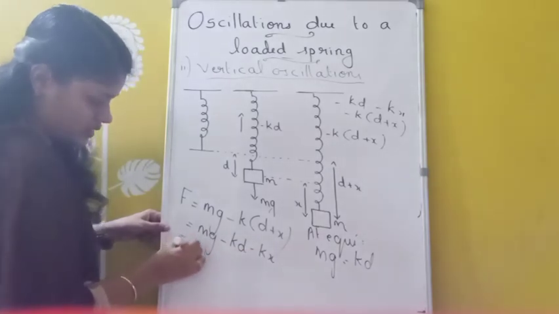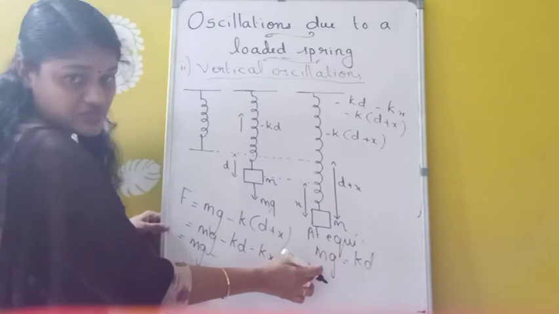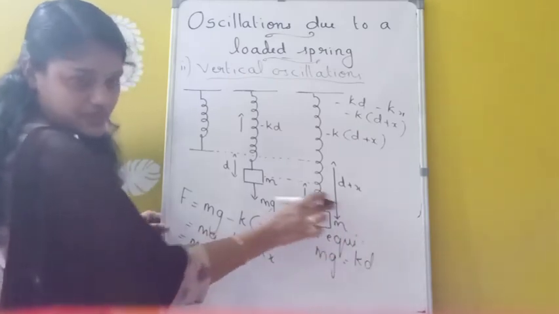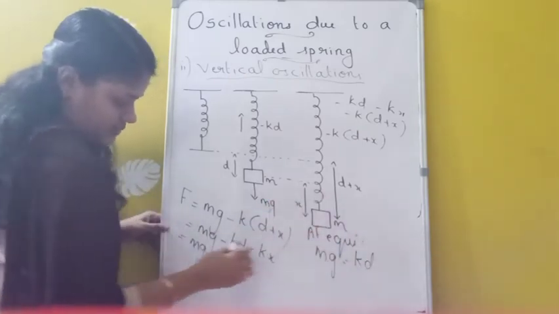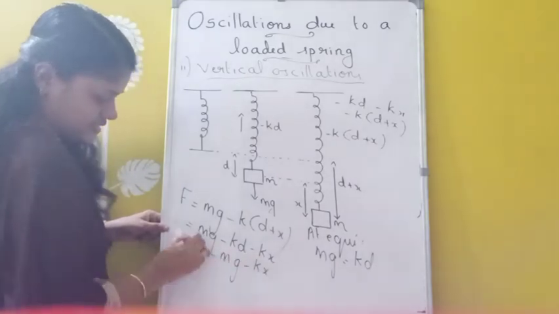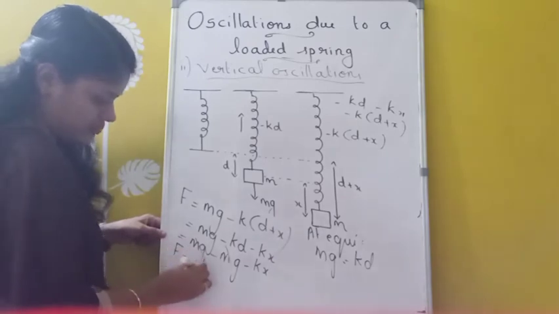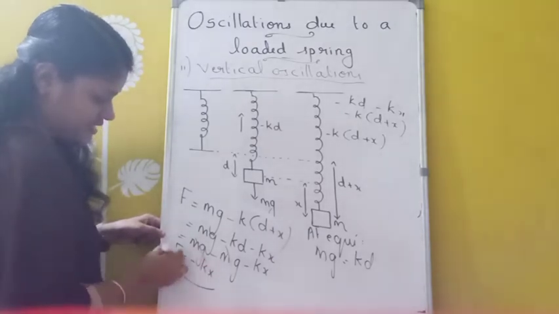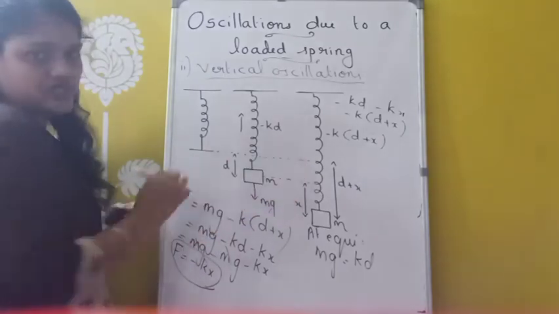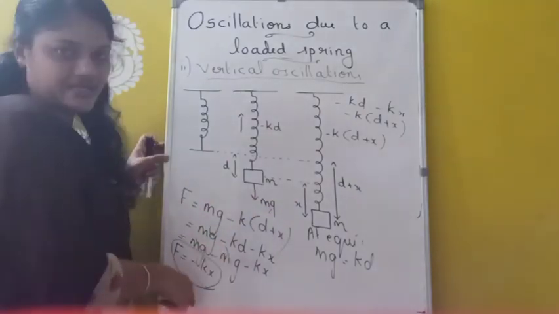Instead of kd I am now writing mg, because both are the same at equilibrium condition. So mg minus mg minus kx. The mg cancels, and remaining we have F equals minus kx. So this is the net restoring force acting on the spring. The net restoring force acting on the spring is F equal to minus kx.